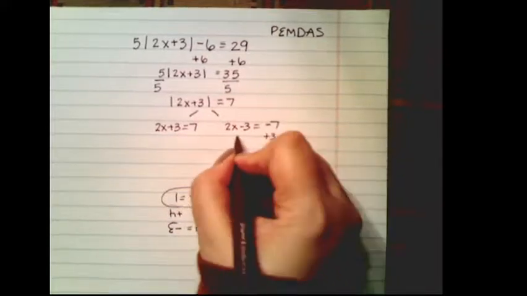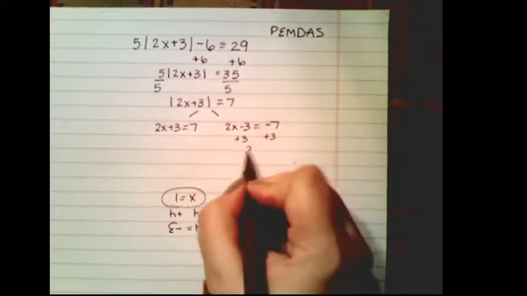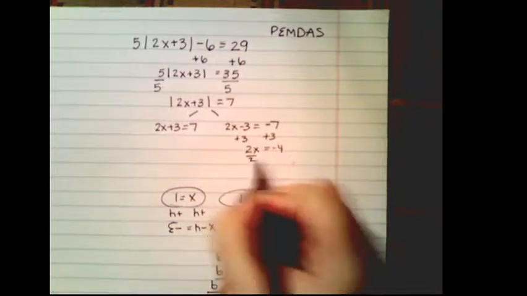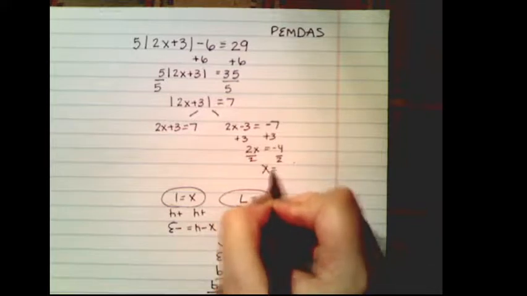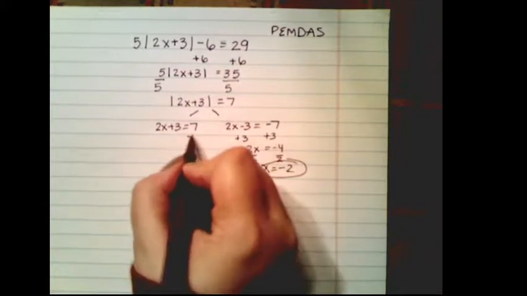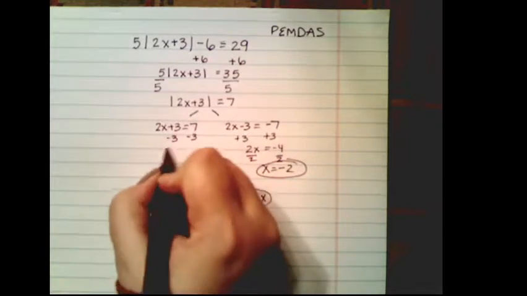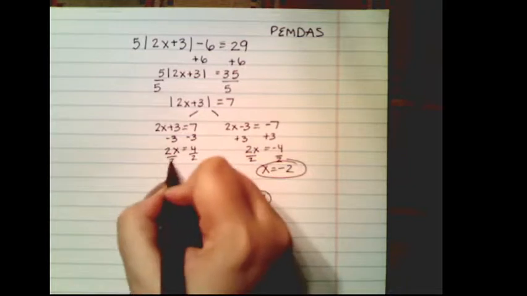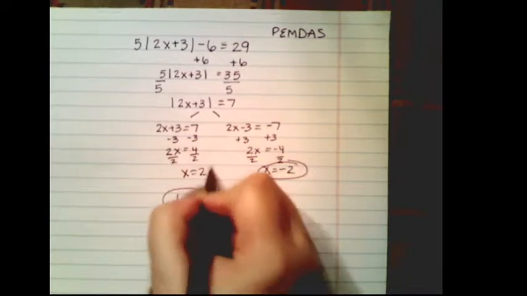Then we can solve each of them for x. There's one of our answers. And there's our second answer.